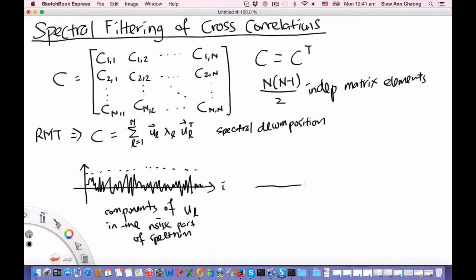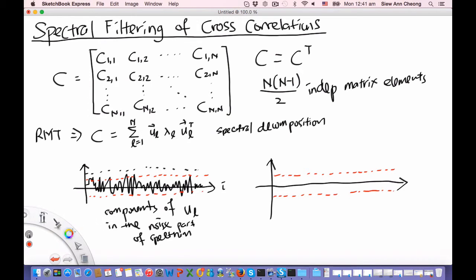The noise part of the spectrum defines some kind of noise level in the components, and we can transfer those noise components over here to the signal eigenvector.